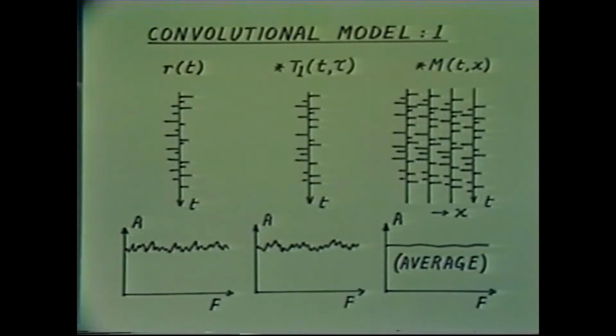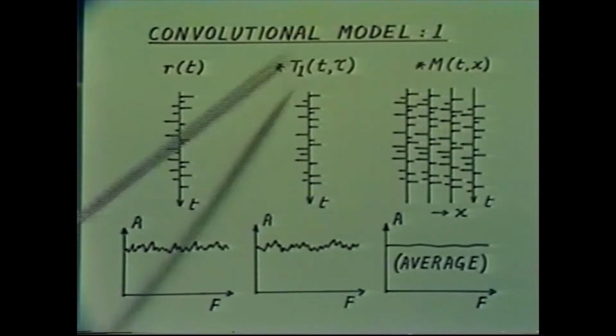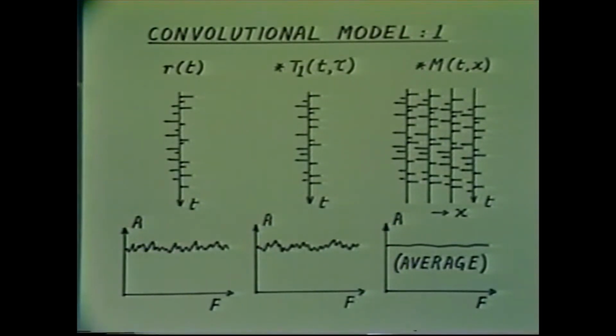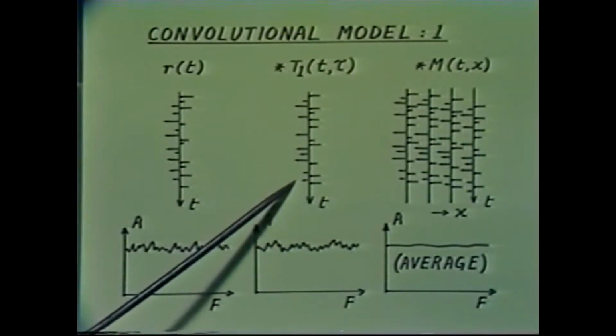The next term in the model equation is T1, which consists of all the various multiples except the short period shallow reverberations. So that if the first trace here is the sort of primaries only, synthetic, this can be regarded as a synthetic trace with multiples.